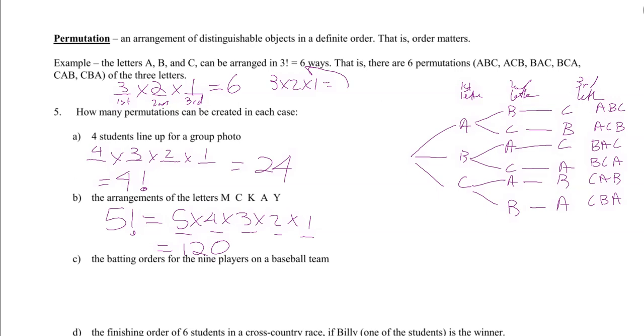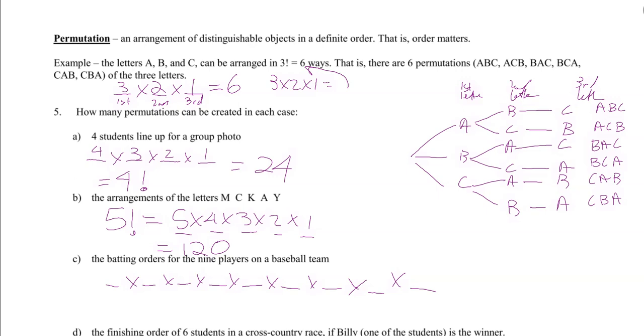So how many batting orders are there? Well, if we use the fundamental counting principle, what the manager does is they submit a lineup, 1, 2, 3, 4, 5, 6, 7, 8, 9, to the umpire and says, this is the order in which my players will be coming up to bat. And so for the first player to come up to bat, how many choices does the manager have? 9.